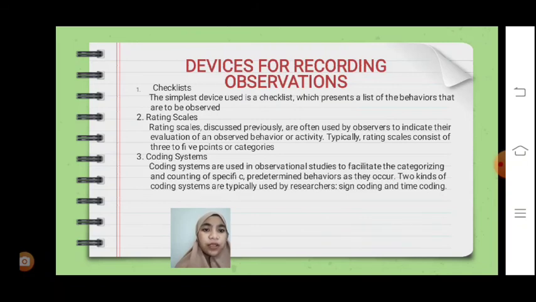Coding system. Coding systems are used in observational studies to facilitate the categorizing and counting of specific predetermined behaviors. Two kinds of coding systems are typically used by researchers: sign coding and time coding.